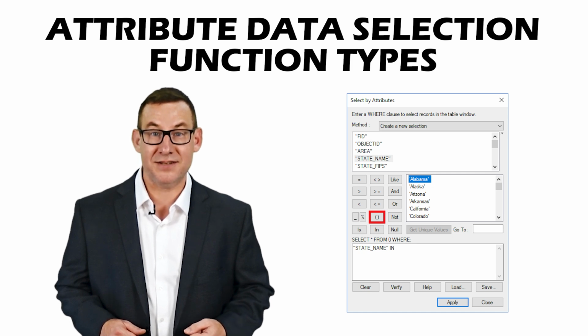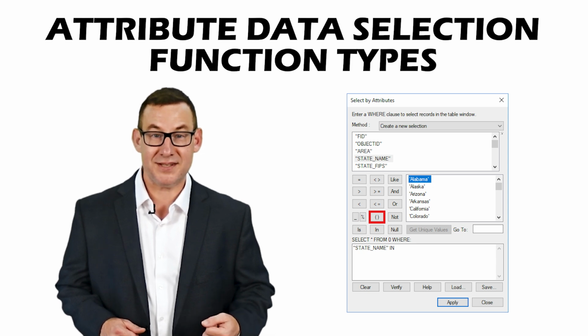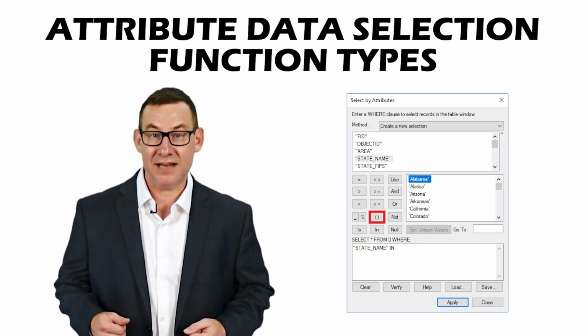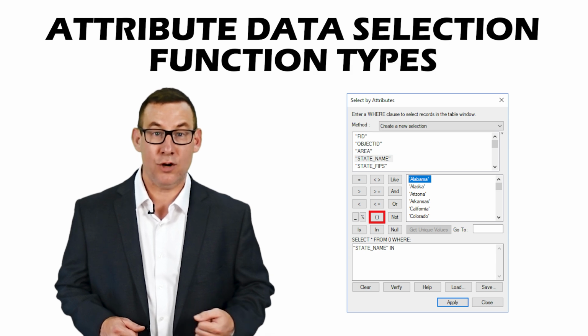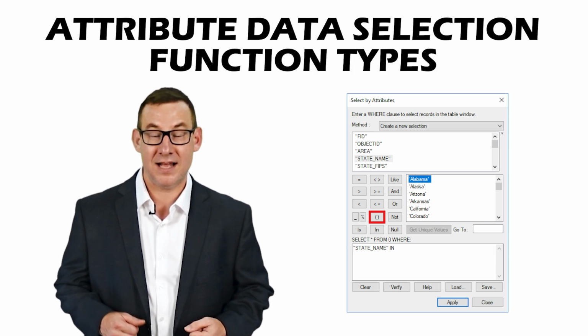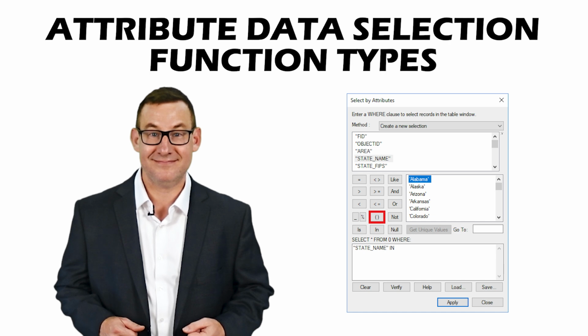Attribute data selection function types. Attribute data selection function types include new selection, add to selection, remove from selection, subset selection, switch selection, and clear selection.